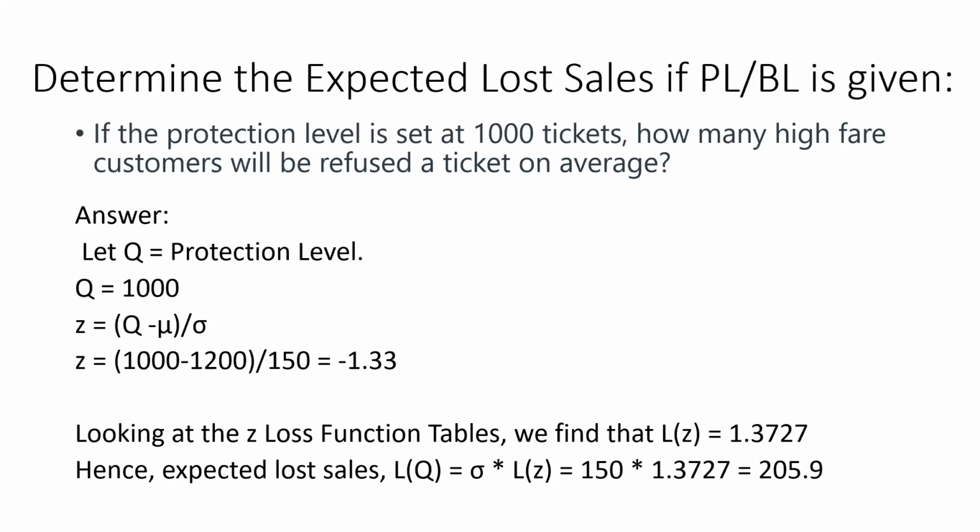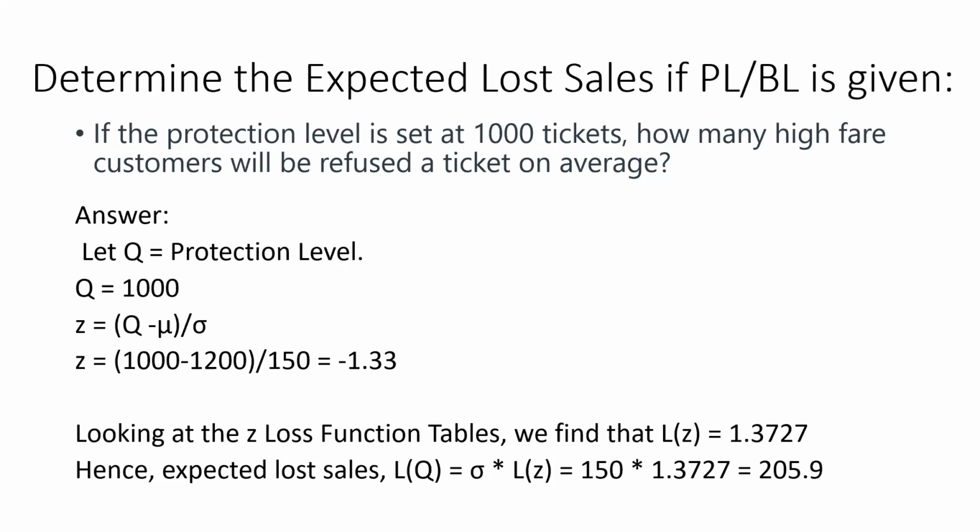Let Q represent the protection level, then Q is equal to 1,000. Then you standardize it: Z is equal to (Q minus mu) divided by sigma. I plug it in and get negative 1.33. So Z is negative 1.33.